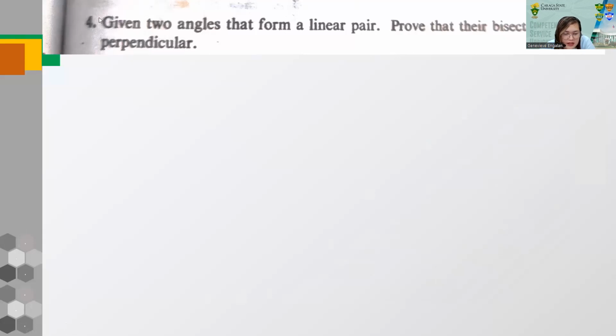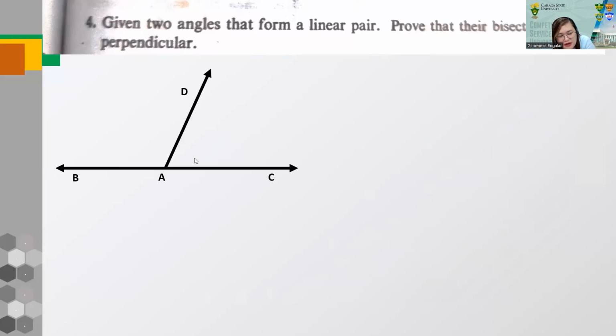Okay. Given two angles that form a linear pair, prove that their bisectors are perpendicular. So, naa daw kay two angles nga nag-form og linear pair. Tapos, atong i-prove is ang bisector daw nila is perpendicular. So, visualize na to. We have two angles nga nag-form og linear pair.